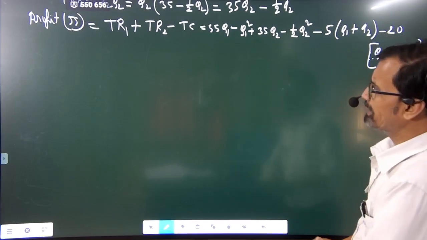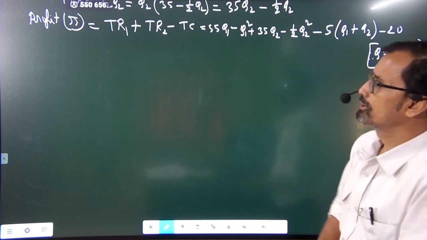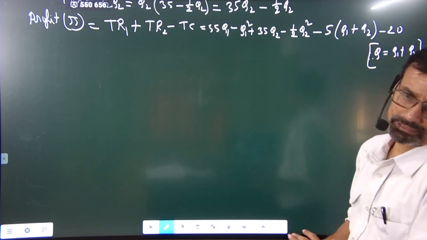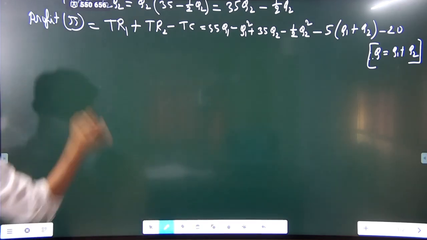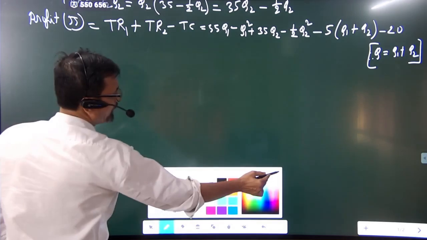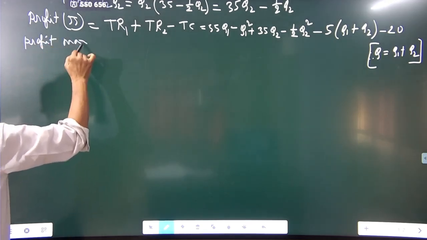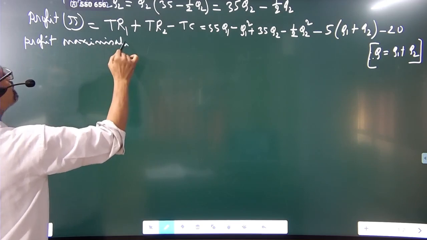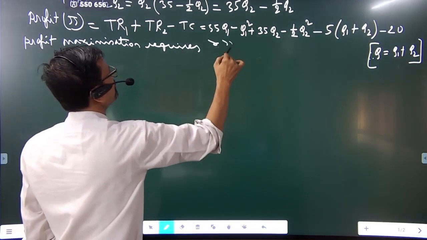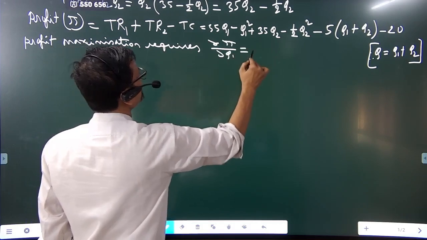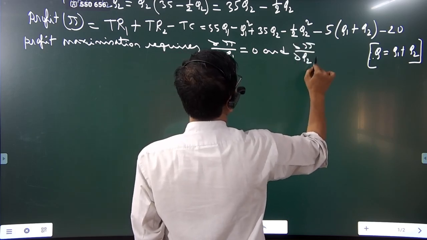Now profit maximization requires differentiation, the derivatives of profit with respect to Q1 and with respect to Q2. That is, profit maximization requires del pi by del Q1 equal to 0 and del pi by del Q2 equal to 0.